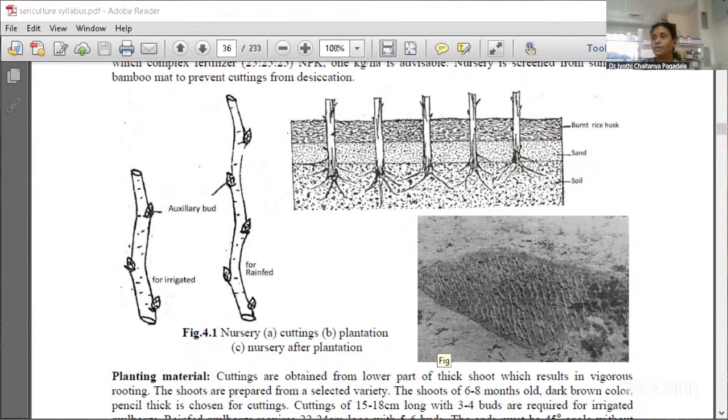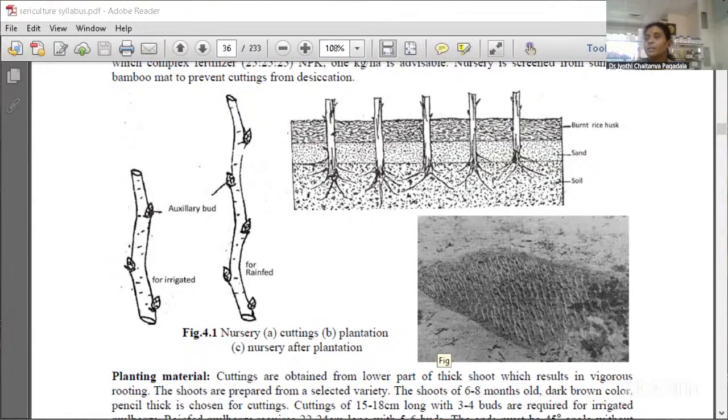Cuttings of 15 to 18 centimeters with 3 to 4 buds are required for irrigated mulberry. Rain-fed mulberry requires 22 to 24 centimeters with 5 to 6 buds. The ends must be cut at a 45-degree angle without bark peeling and split.